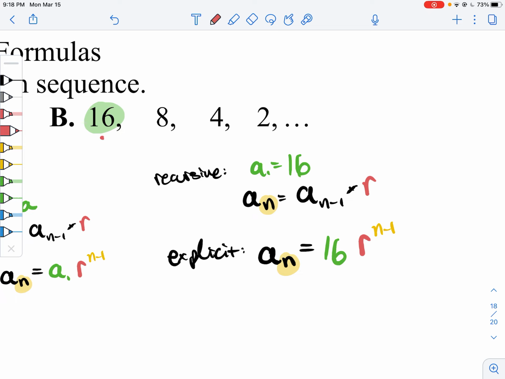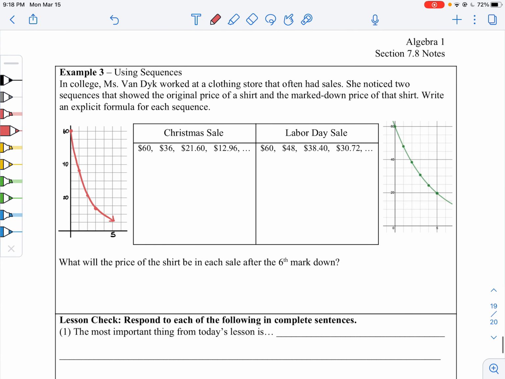Well, we have to multiply times 1/2, 1/2 each time. So every time we have an r, our growth rate is 1/2. You can write 0.5 if you want. I like fractions. So we're going with fractions. Okay, cool. One more model, and then we'll call it a day.